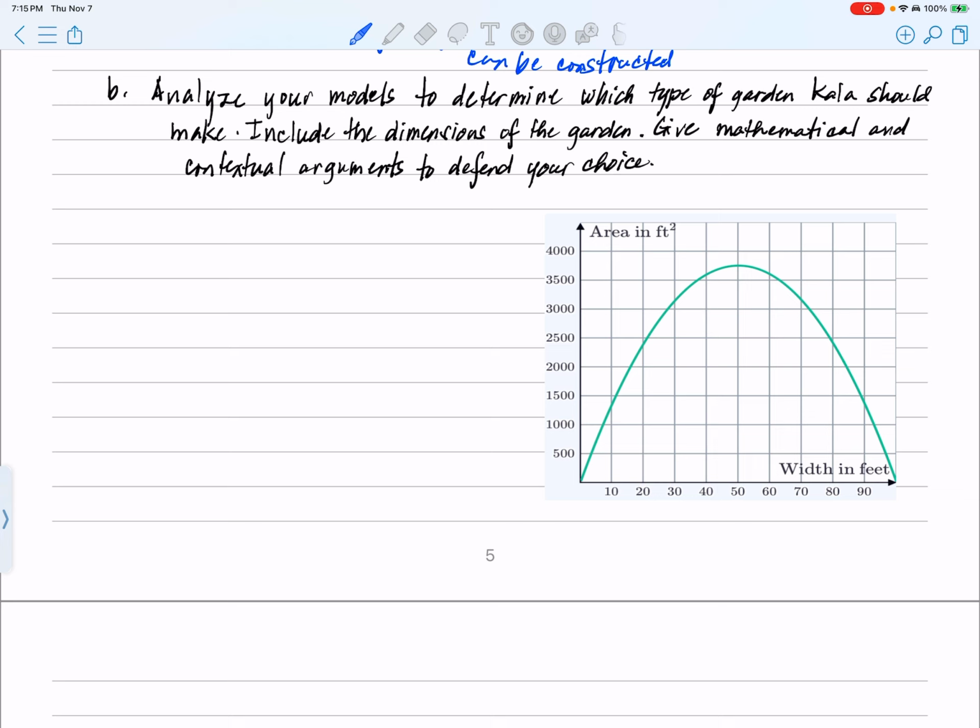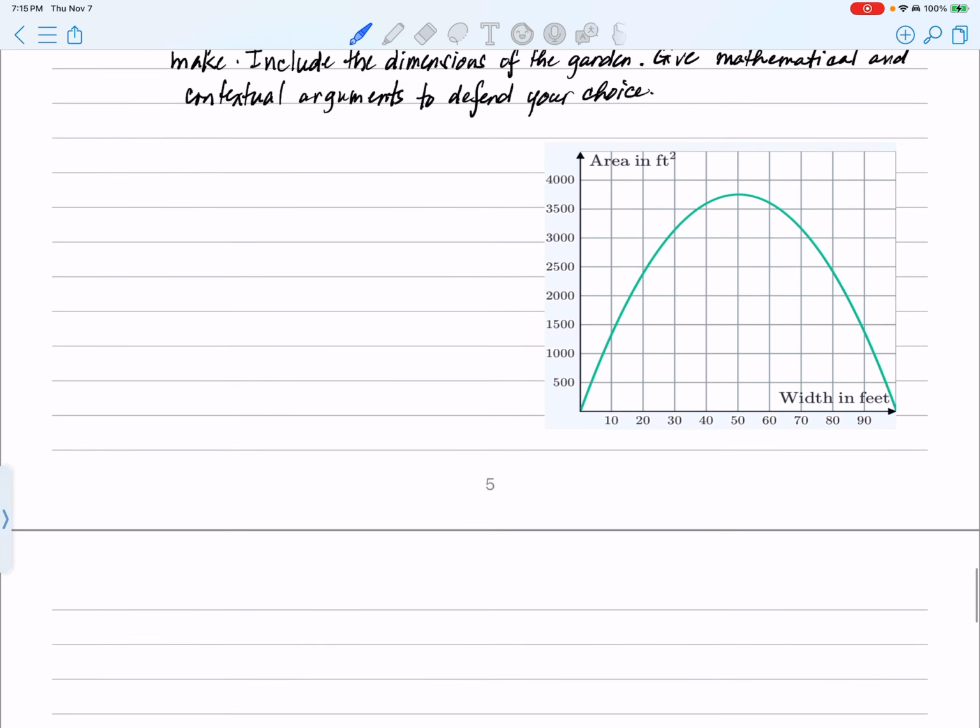The area of the circular garden is about 4,121 feet squared.